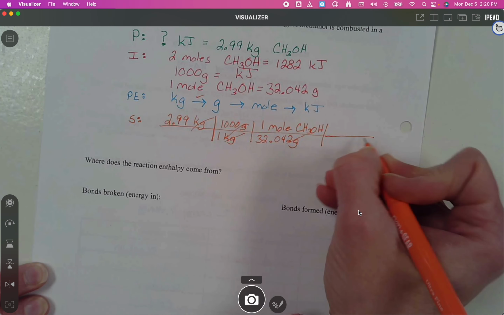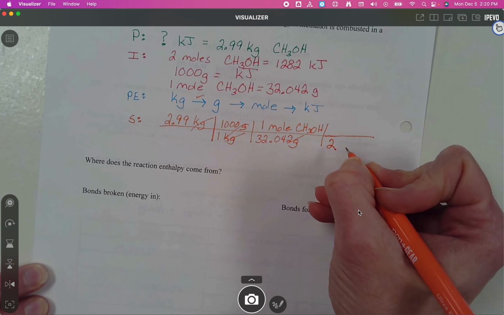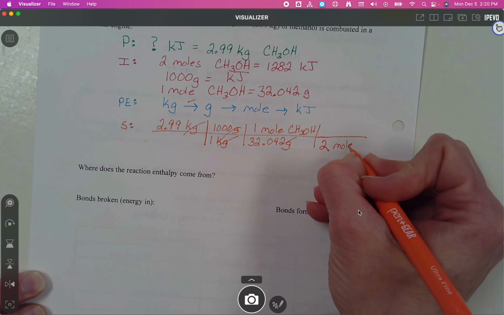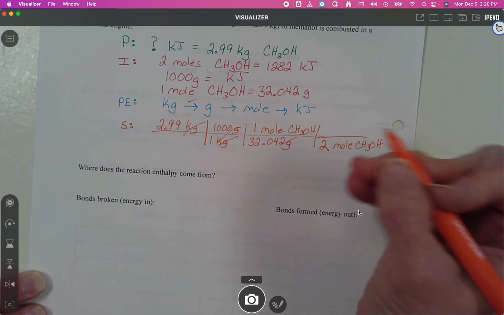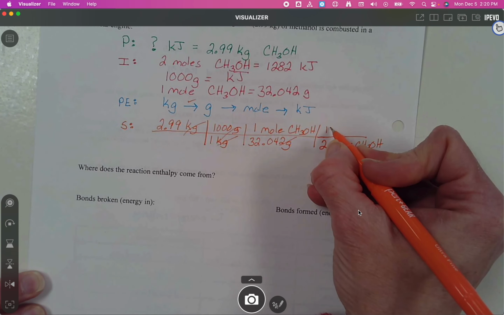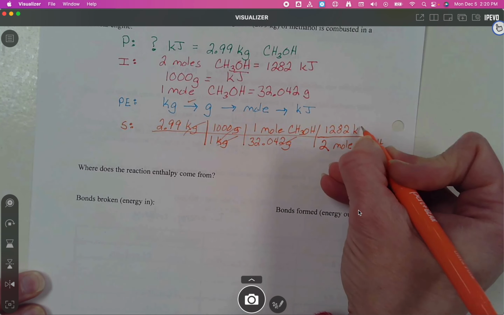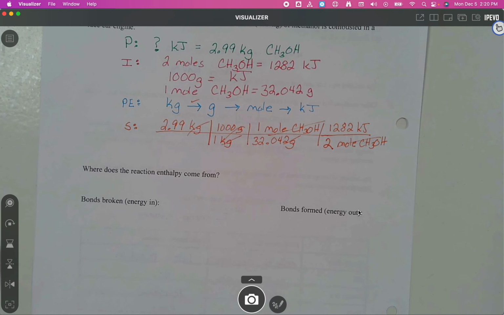And here's the important part. Got to get that 2 in there because of the 2 in the balanced chemical equation. 2 moles CH3OH burning gives off 1,282 kilojoules. And now I just got to do my math.